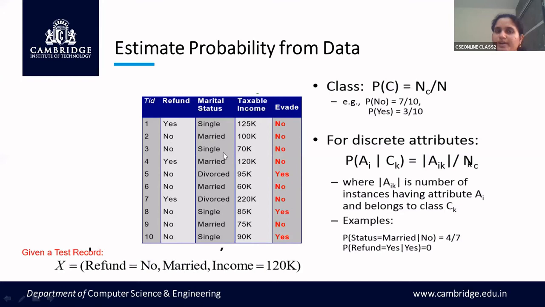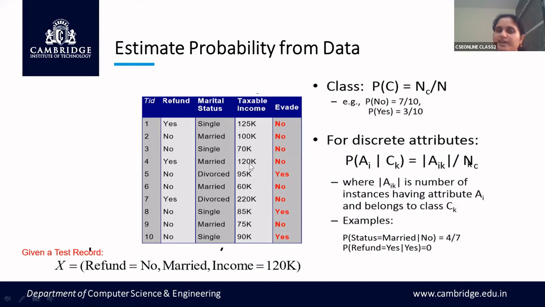So now what I'll do, I will find out the prior probability with class label yes. Prior probability for refund value no with class label yes. How many of them were yes? Sorry, 3 of them were yes. So it is 3 by 7 into 0 into 0, right? Because marital status yes is 0.